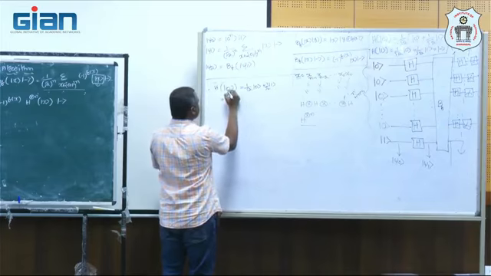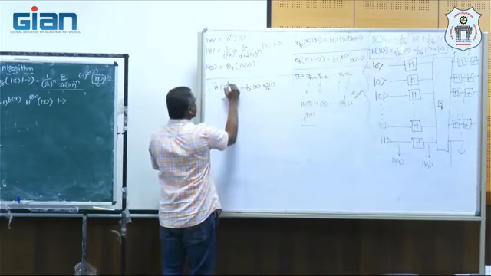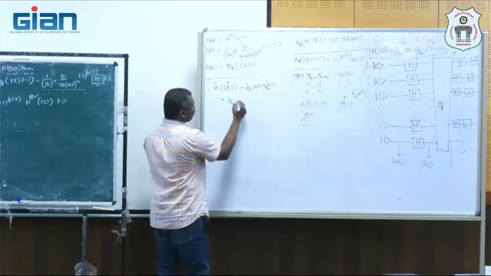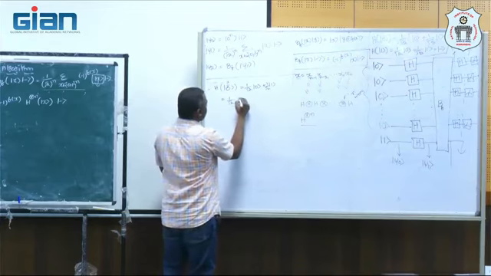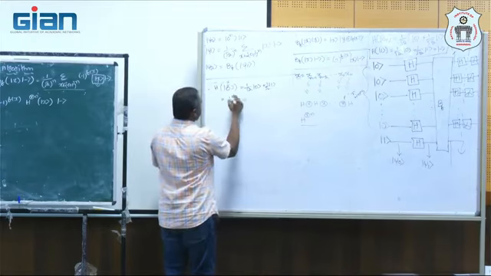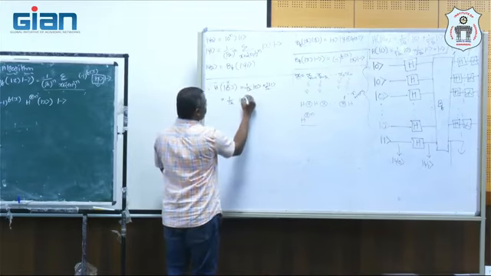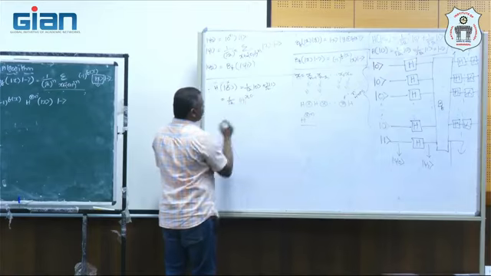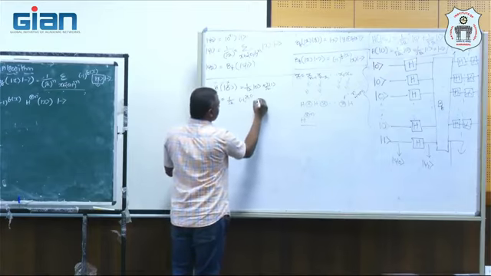This is say x, this is my x, okay? 1 by root 2, minus 1 whole power. Okay, let me write next.